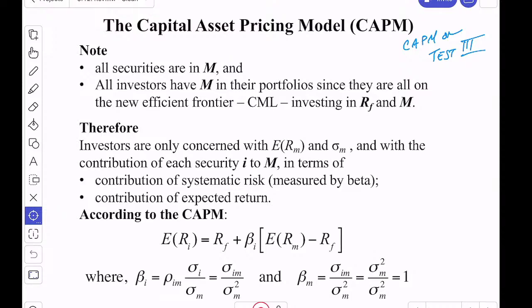But all the weights sum to 1, right, of all the assets in the market portfolio. All investors have M in their portfolio since they are all on the new efficient frontier called the capital market line. So they're investing in both RF and M by borrowing or lending.